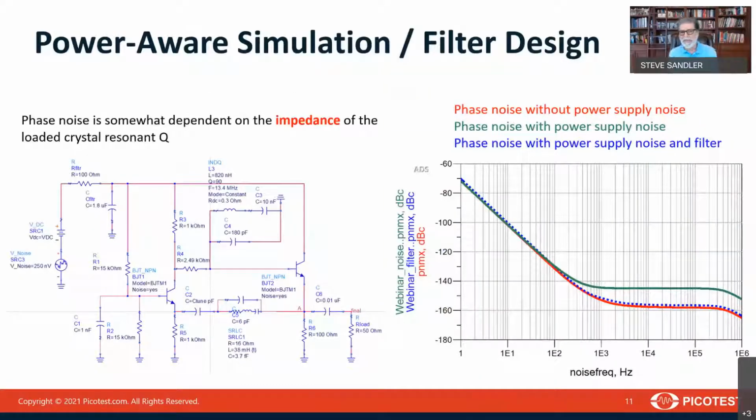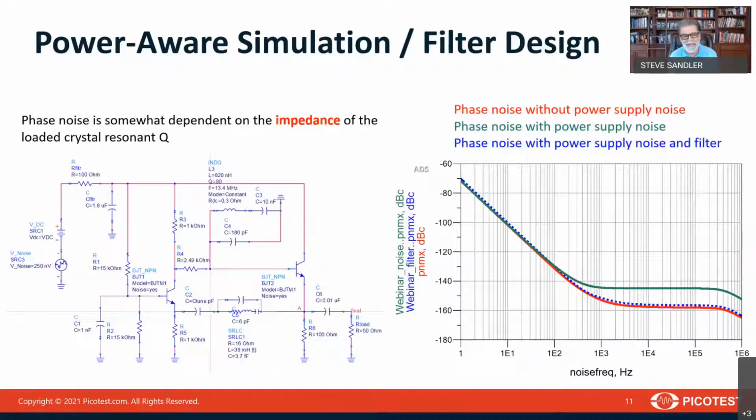We can address this in power-aware SI simulation also, and I showed this in my series, Designing Power for Sensitive Circuits. Here's a relatively simple low phase noise oscillator schematic on the left, and this is just a simple simulation in Keysight's ADS using harmonic balance phase noise simulation. In that schematic, I'm also able to add noise to the power supply.